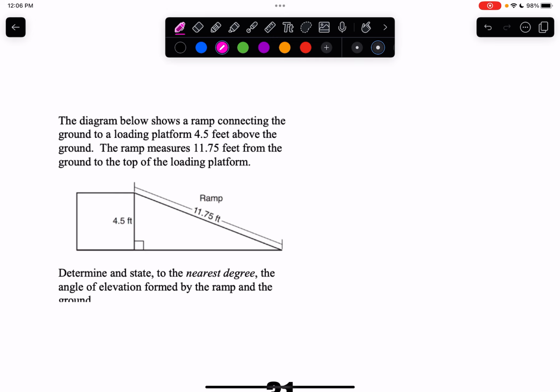The diagram below shows a ramp connecting the ground to a loading platform 4.5 feet above the ground. The ramp measures 11.75 feet from the top of the loading platform. So we're looking again for the angle of elevation. I have opposite and hypotenuse. So sine of x is equal to 4.5 over 11.75.